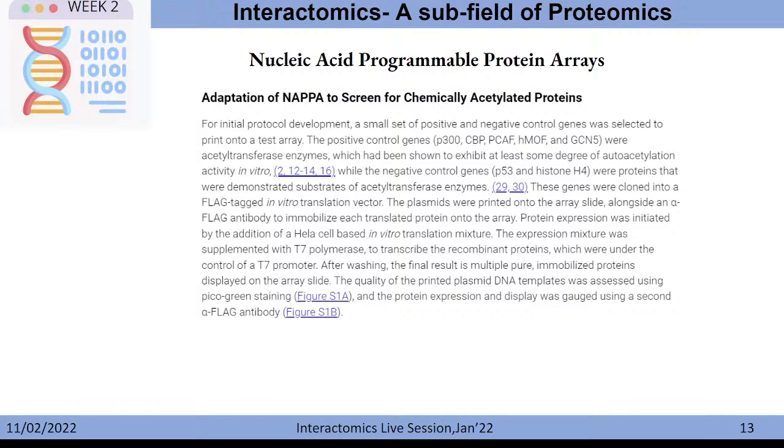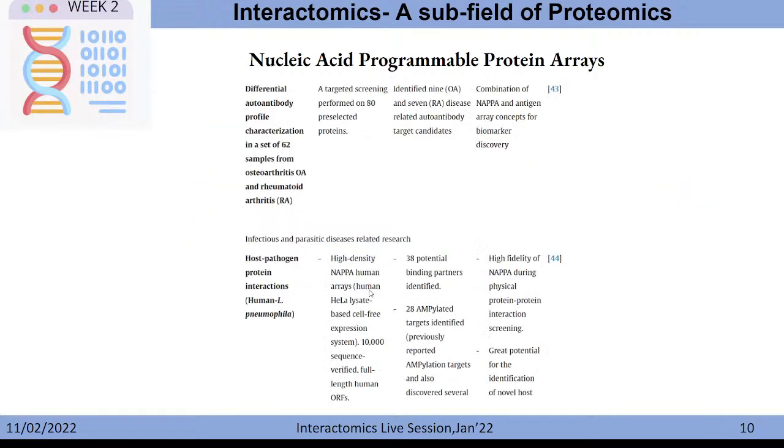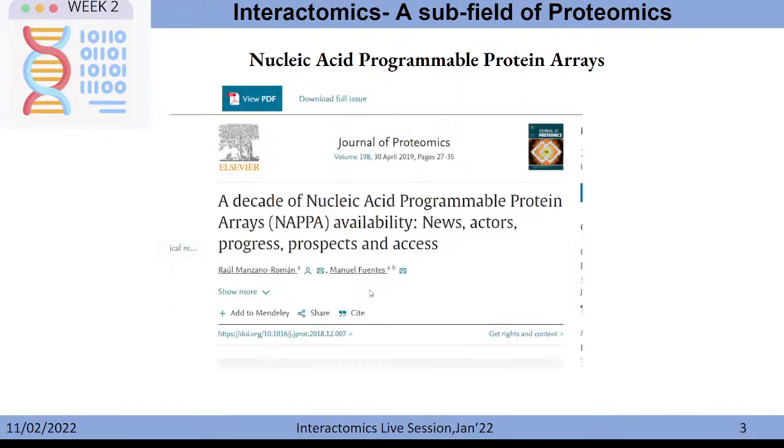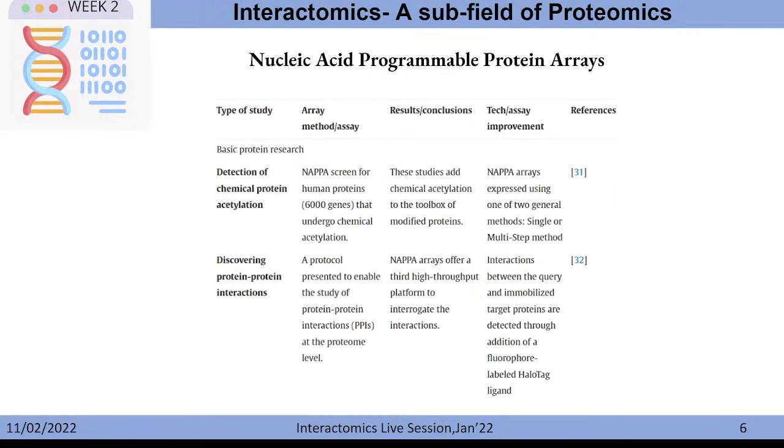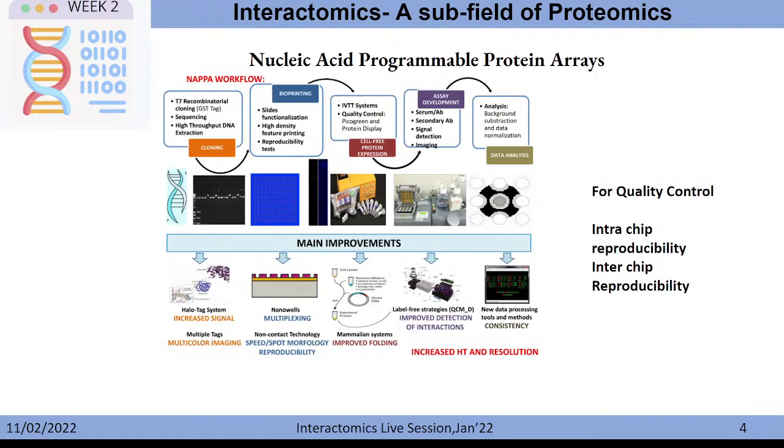Then after washing, all the non-bound proteins which could not be bound by any antibody or immobilized are taken out. So after washing, the pure immobilized proteins will be displayed on the array slide. The important thing is that this paper gives you the importance of all those steps we had discussed, and how they have been used.